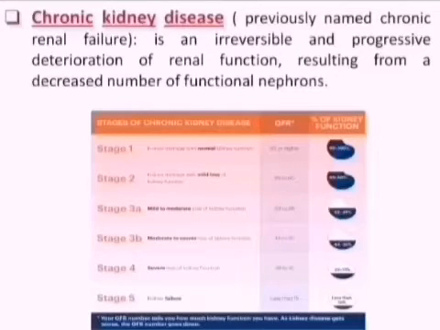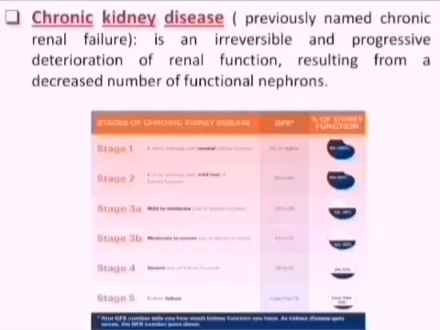Progressive deterioration of renal function results from decreased number of functional nephrons. The staging of chronic kidney disease is according to GFR, glomerular filtration rate. It ranges from stage 1 CKD.